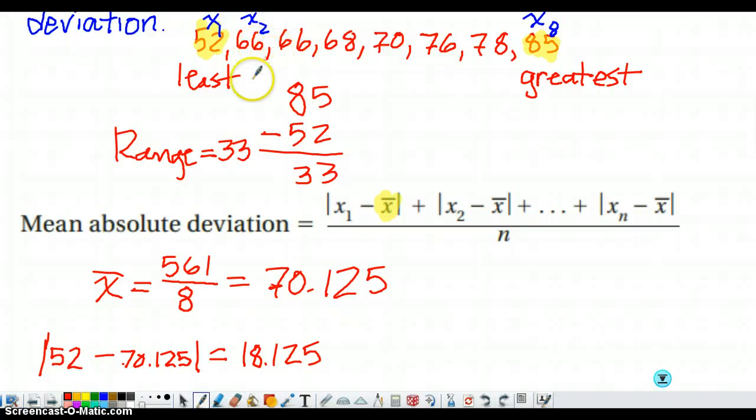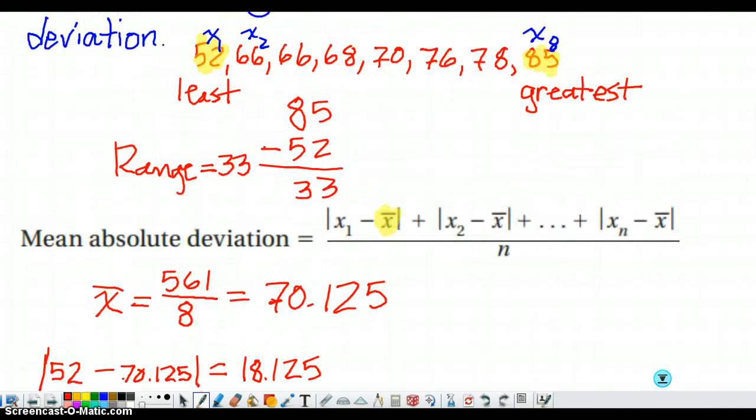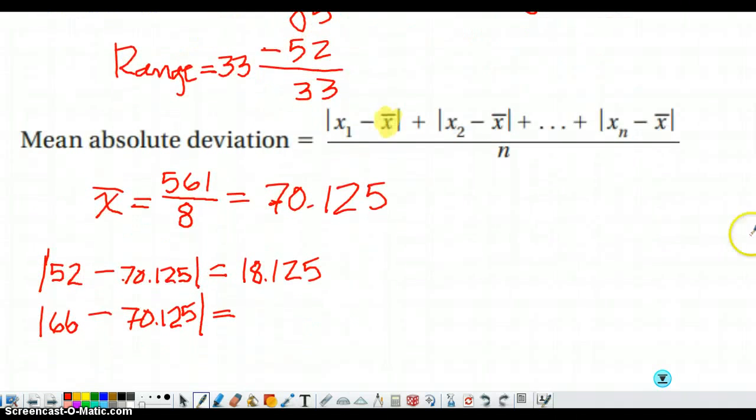On the ones that are doubled, you would only have to do it one time. The next one is the absolute value of 66 minus 70.125. Calculate that and do the same with the remaining values, and then I'll catch up with you after this little break.